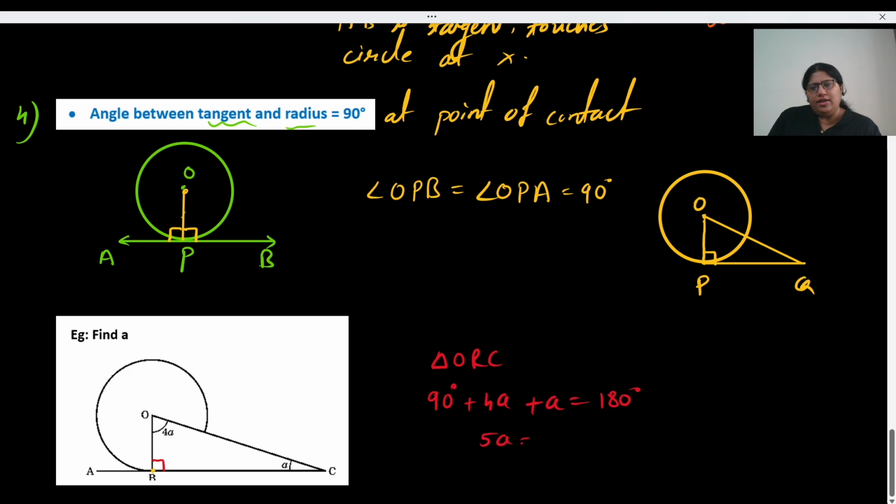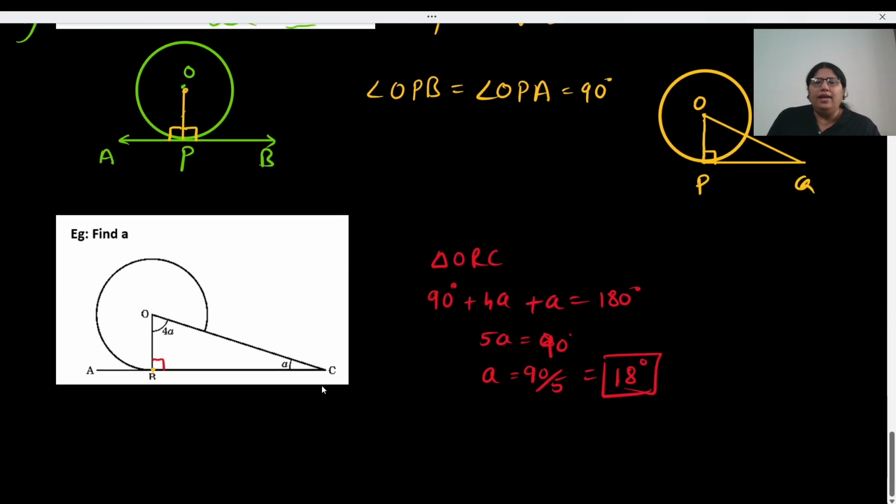So 5A is 180 minus 90, which is 90 degrees. So A is going to be 90 by 5, which is 18 degrees. So your angle A, which is angle C, is going to be 18 degrees.